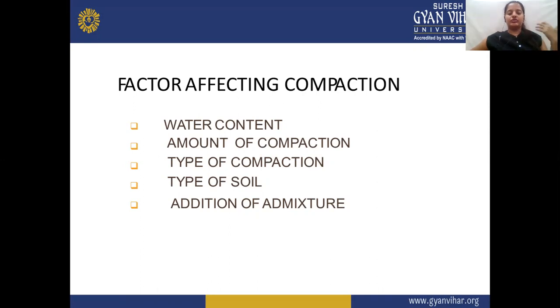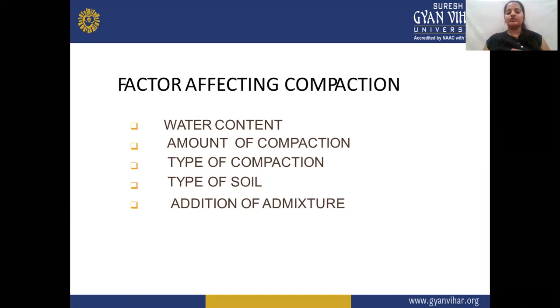But if the optimal level where maximum compaction can be achieved is found out, you can save time, you can save energy, you can reduce the duration of equipment usage, and you can limit the use of workers and manpower.